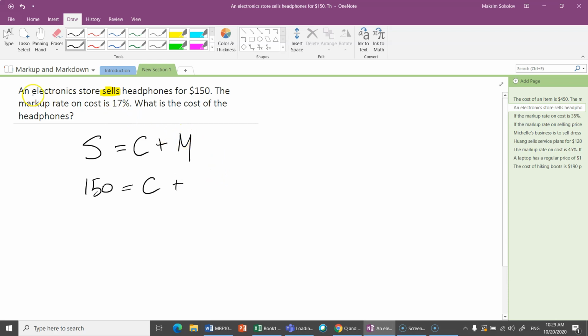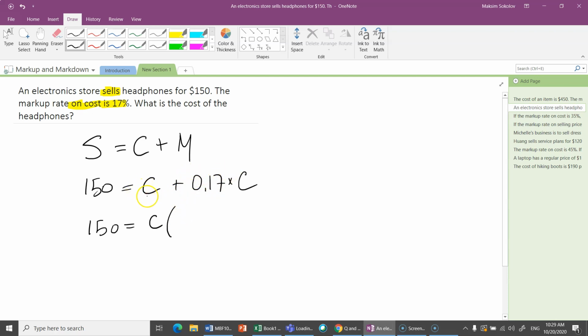And markup here is markup rate on cost, which is 17%, so it's 0.17 times C. 150 is C plus 0.17 C. Now we have all those unknowns, which is C, already on one side, so we don't need to move anything anywhere.